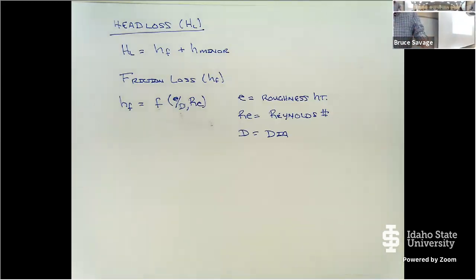Along came a couple of guys, Hazen and White, and they said, okay, can we take Nikuradse's data and find an equation that will fit his data?